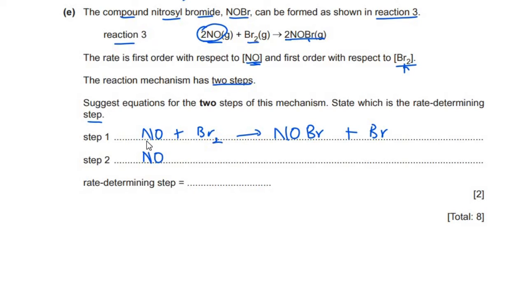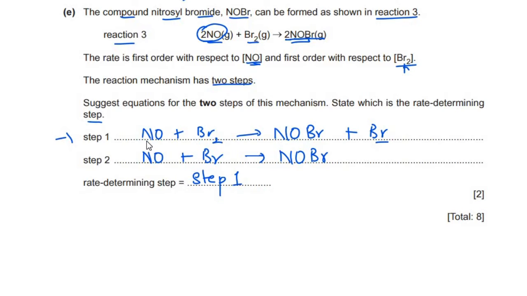Here we can see there are 2 molecules of NO used. So in the second step, we are using the second molecule of NO and the byproduct Br, which is formed here, to form the second molecule of the product, that is NOBr. So 2 molecules of the product form from 2 moles of NO used and 1 molecule of bromine, that is Br2, used. And that's how you can definitely use your own steps, but according to your steps you should remember that it is first order. Now for me, step 1 is for first order.